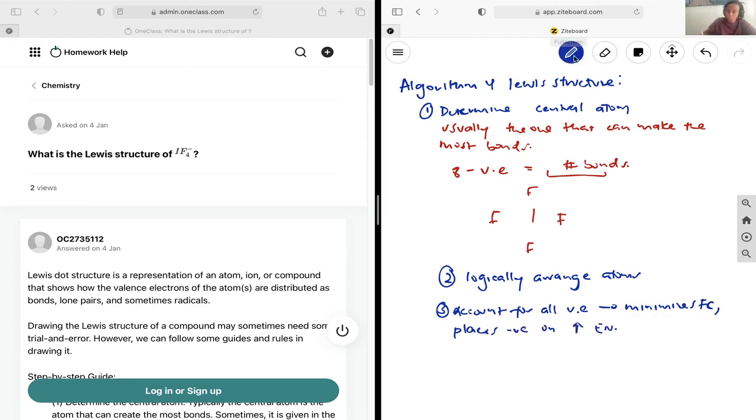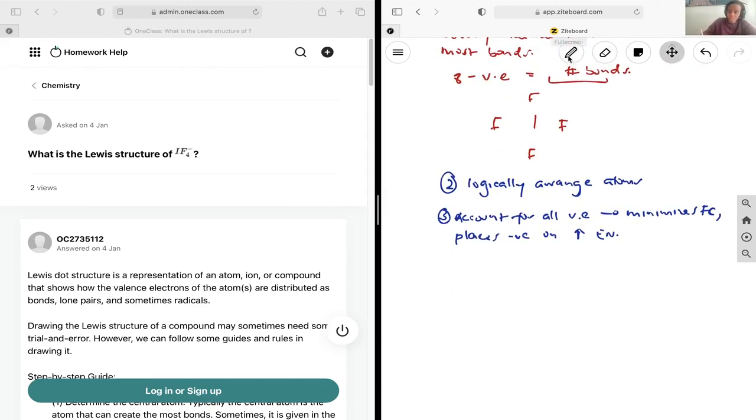And so if you go about doing that, let's count our valence electrons first. So it's IF4 minus. So our valence electrons are going to be 7 plus 7 by 4 plus 1. If we label that, that is I, F4 minus, and that is going to give us 35 plus 1, which is 36 electrons for us to account for.